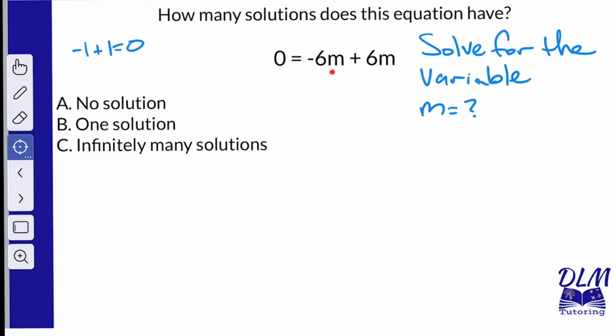Whatever number I put in here for m, it's going to get multiplied by negative 6. That same number is going to get multiplied by a positive 6 on this side. So, at the end of the day, they're going to keep creating something called a zero pair.